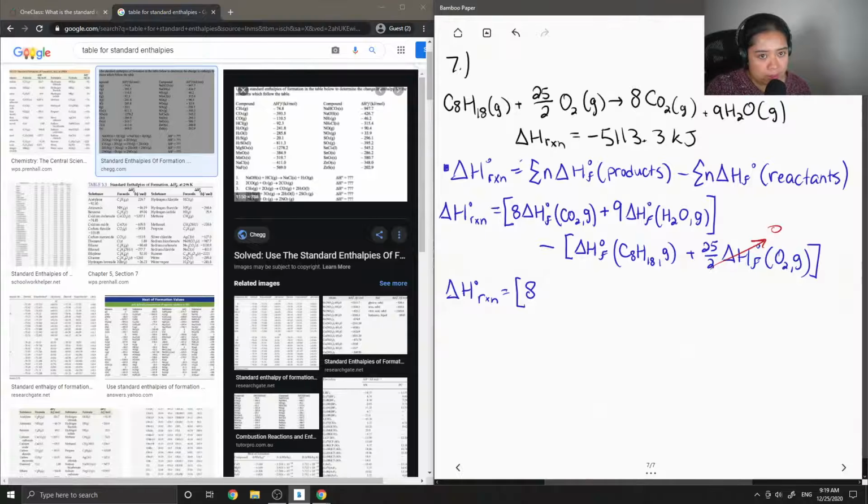And I'm also just going to show that this should be 8 moles times negative 393.5 kilojoules per mole. Okay, so this is added to 9 times the delta H of formation of H2O gas. On the table, this is equal to negative 241.8 kilojoules per mole.